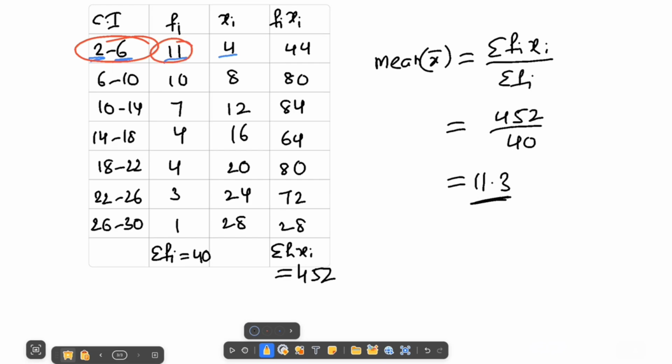Now f1 is 11 and f2 is 10, and the frequency of the class before the modal class is 0. There is no class before this one, so therefore f0 is equal to 0.